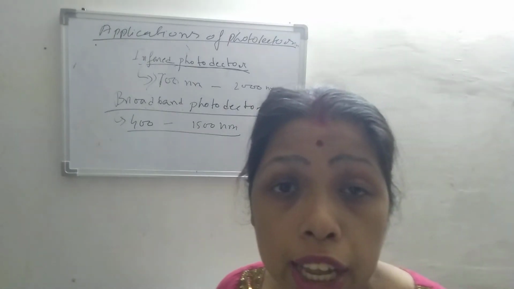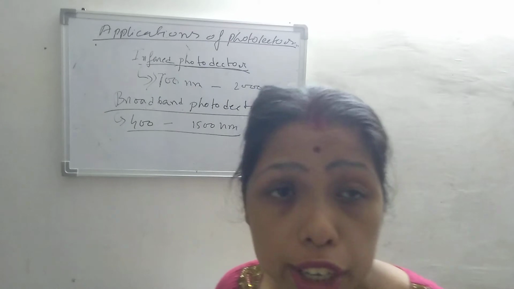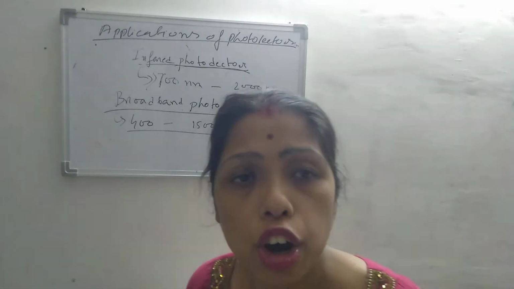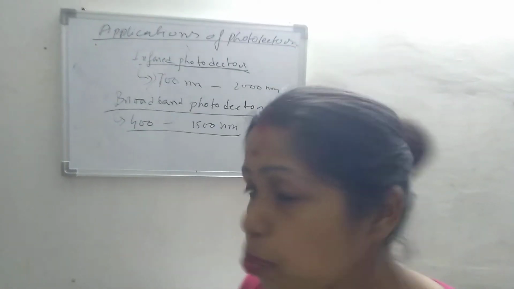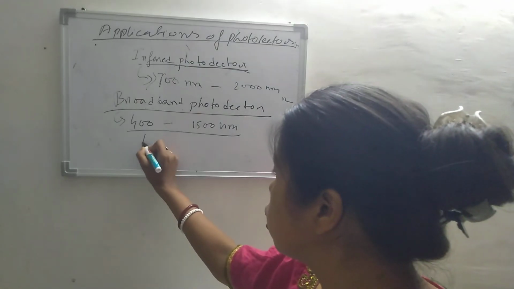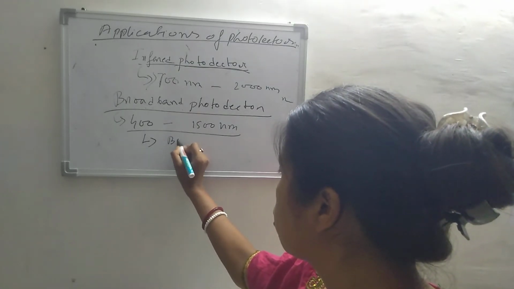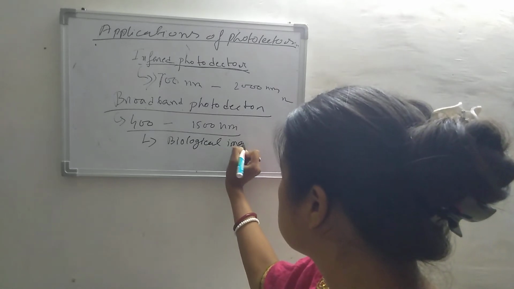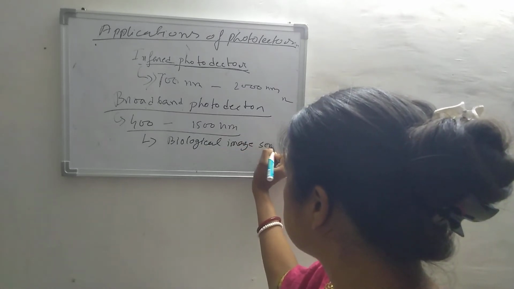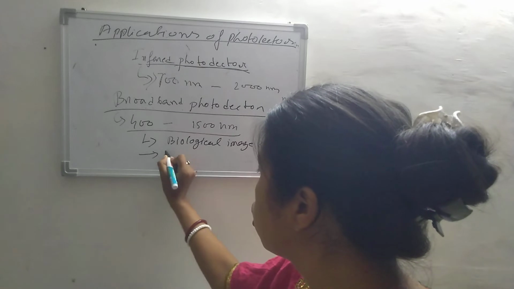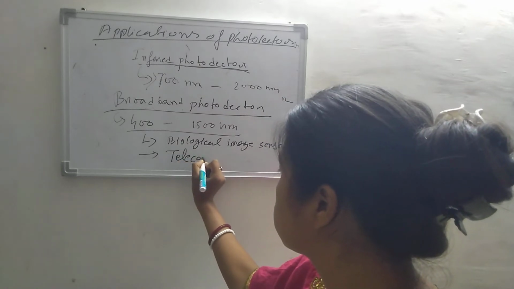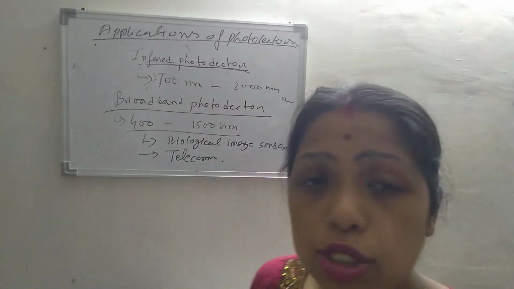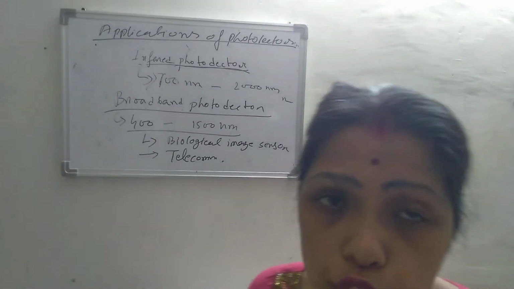We can design the photodetector using organic semiconductor or inorganic semiconductor. This is used for biological image sensors and also telecommunication. In these two cases we can use the broadband photodetector.